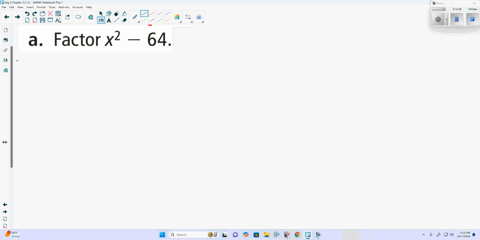X squared minus 64. We do have a difference of two terms, because again, difference of perfect squares will only have two. X squared minus 64, is x squared a perfect square? Yeah, it'd be what? X times x, or x squared. And what times itself is 64? So a is x, b is 8.